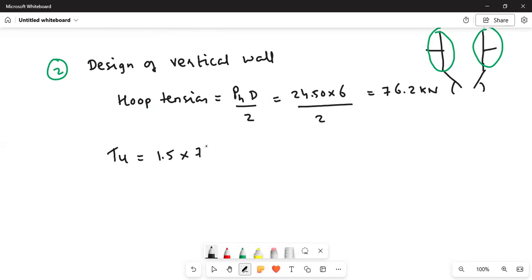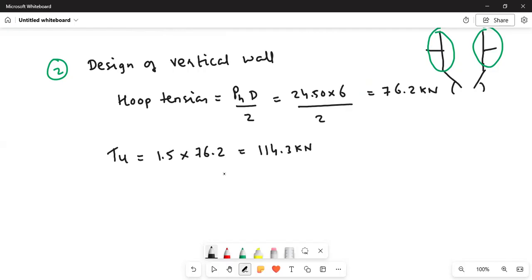1.5 into 76.2, this is coming as 114.3 kilonewton. Okay, so this is the factored hoop tension that we have gotten, and we can now find the reinforcement.